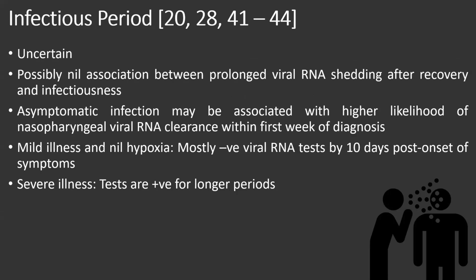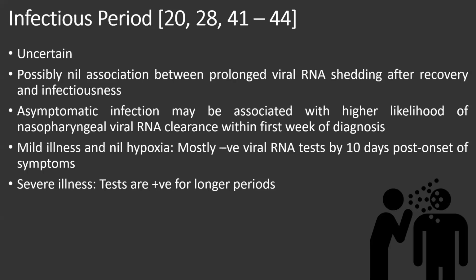Once again, it is uncertain how long a person remains infectious, but available data does point to the lack of clear association between prolonged viral RNA shedding after symptom resolution and prolonged infectiousness. This duration of viral RNA shedding can vary with a potentially wide range depending on the severity of illness.